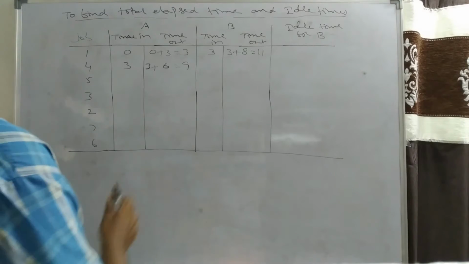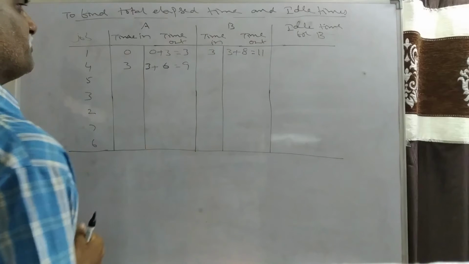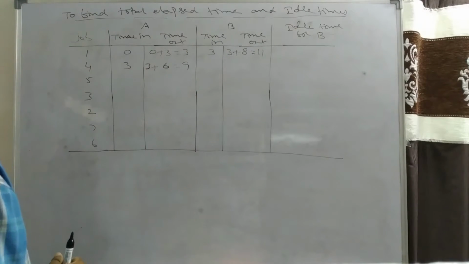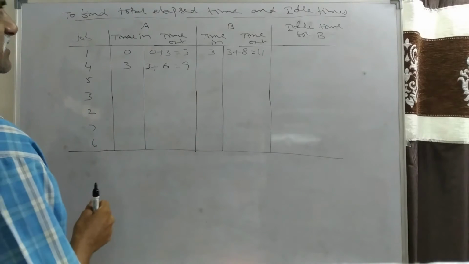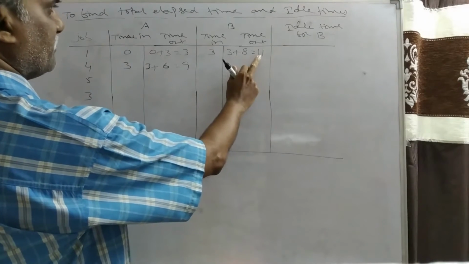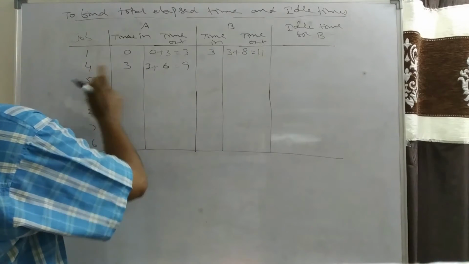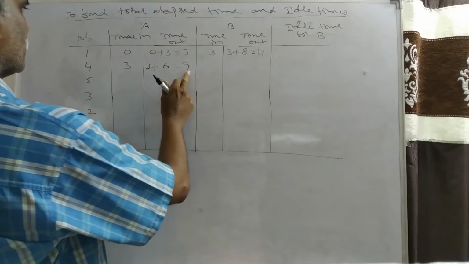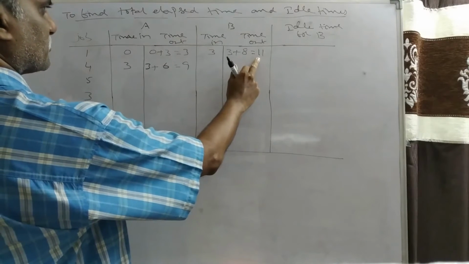Next. So what is the timing of job 4 on mission B? Right. The present job will process on mission B only after completion of the previous job. So what is the completion of the previous job on mission B? 11 hours. So here job 4 completed on mission A at 9 hours, so job 4 still waits up to 11 hours.